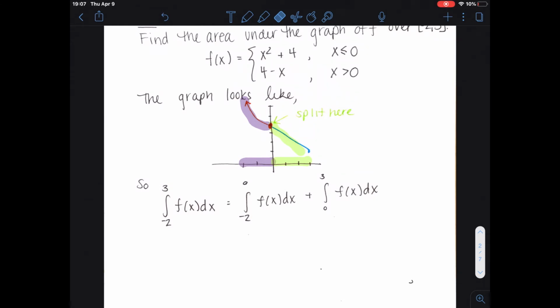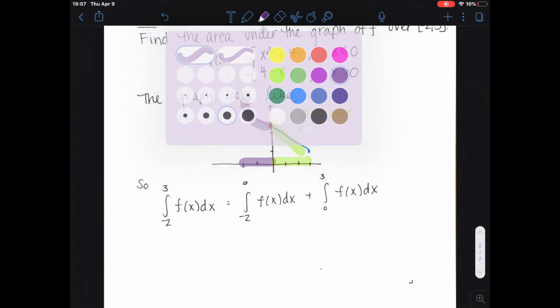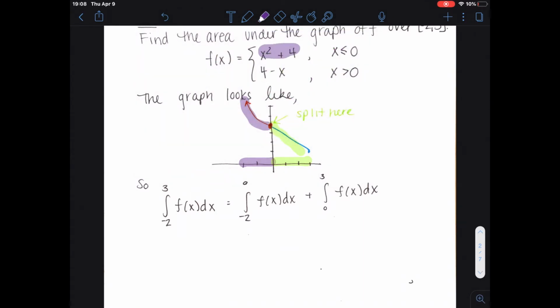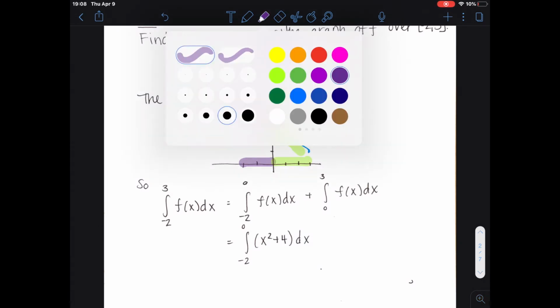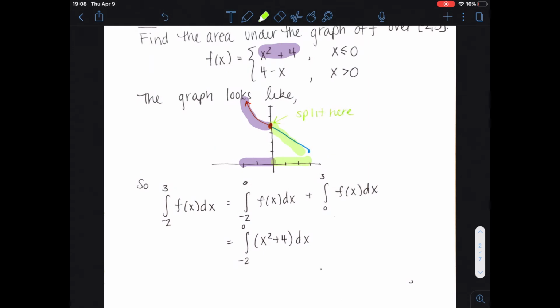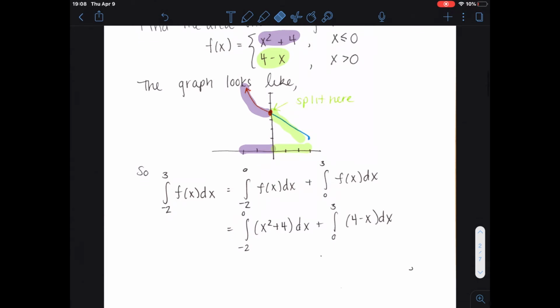So for the first integral, from -2 to 0, we're utilizing the parabola. So the function that's going to go inside is the parabola. On the second piece, from 0 to 3, we're utilizing the line, so 4 minus x is going to be the function we integrate over.